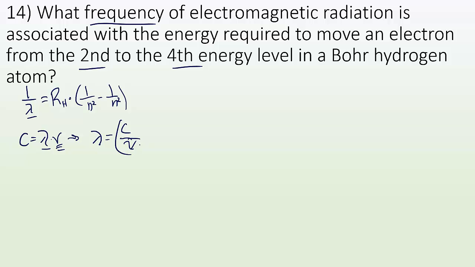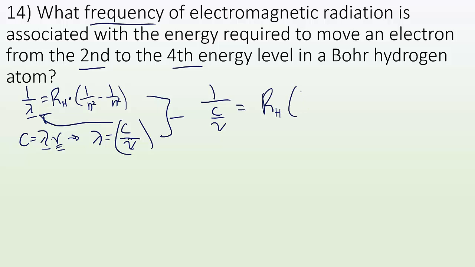Plugging that in, I get 1 over (c over frequency) equals RH times (1 over n squared minus 1 over n squared). I don't like 1 over a fraction, so it's keep, change, flip. I get frequency over the speed of light equals the rest of that stuff.